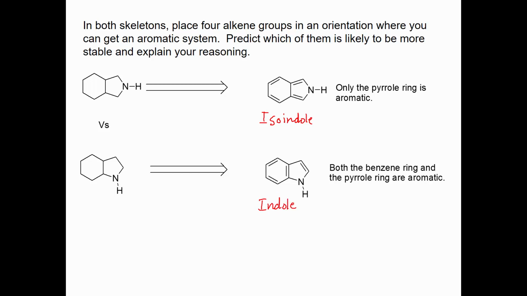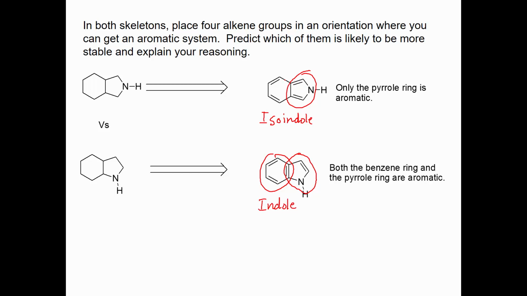All right. Turns out that the bottom system is a lot more stable. This is because we can see two isolated aromatic rings in this compound. But here, our only aromatic ring really is this one, unless you want to consider the larger 10 pi electron system there.